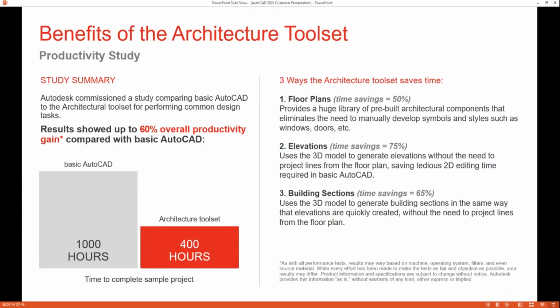And how are these gains achieved? The first was in working with floor plans, where the huge library of architectural components removed the need to manually develop symbols and styles. Then elevations, time saved was 75%, and building sections, 65%.